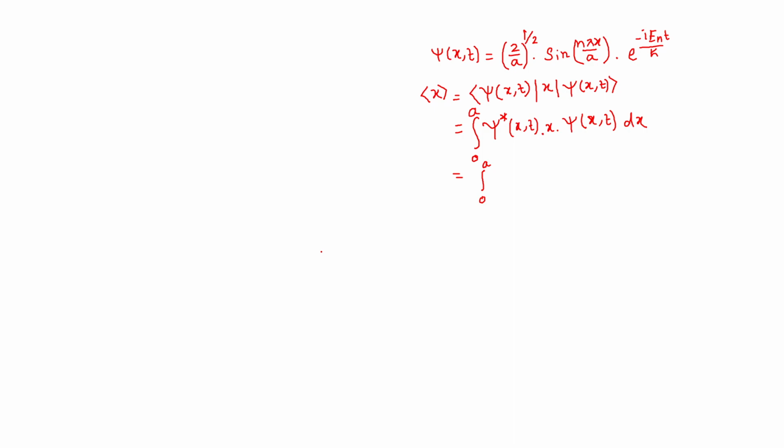Everyone knows the formula. This is a trigonometric formula: cos 2x equals 1 minus 2 sine square x. It's good if I write it.